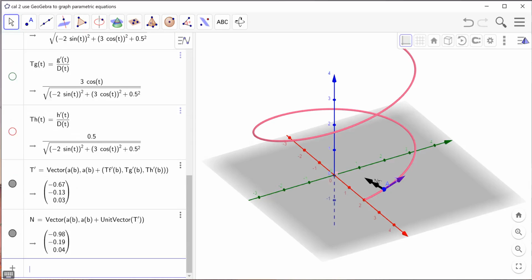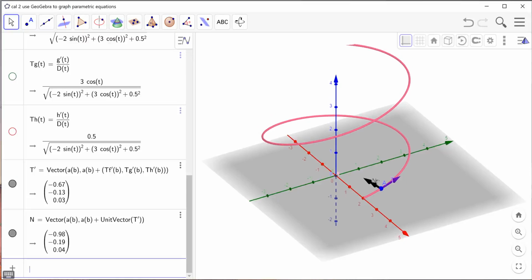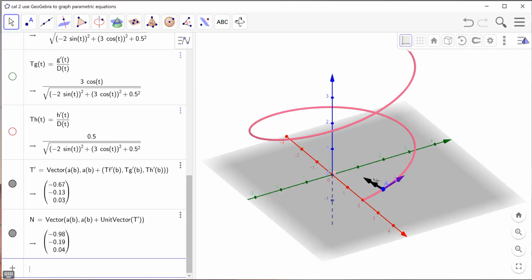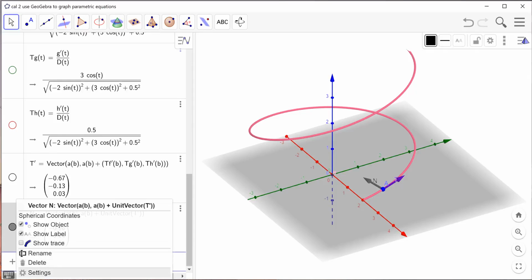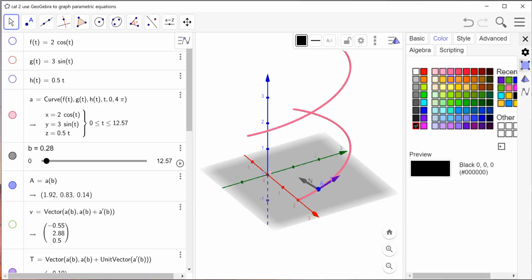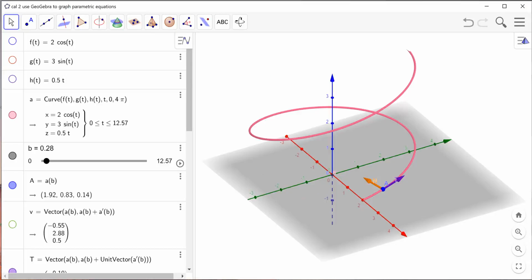Now you can see N is going to be a unit vector. N is the principal normal vector. Let's deselect T prime and give it a color. How about orange? Okay, so you can see we get the unit tangent vector and the principal normal vector here.